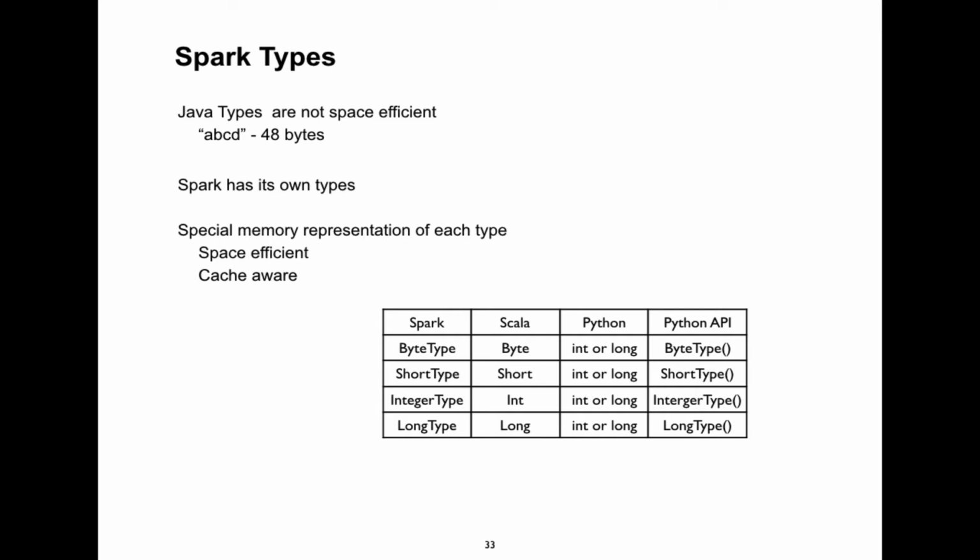And it's very important that we be as space efficient as possible, because the whole reason for Spark is to look at big things, right? So Spark does not use the built-in Java data types, right? They implement their own data types to be more space efficient and cache aware.